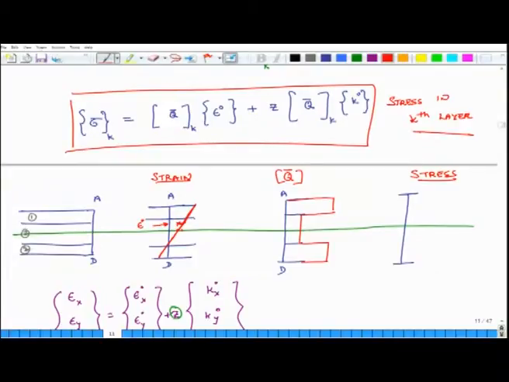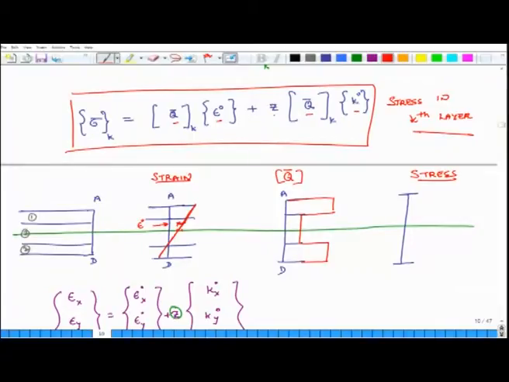So, what that means is within a layer strain will vary linearly because Q bar is constant. Within a layer Q bar is constant, so this is constant, epsilon naught is constant, K naught is constant. So, the only thing within a layer that is varying is Z, okay.